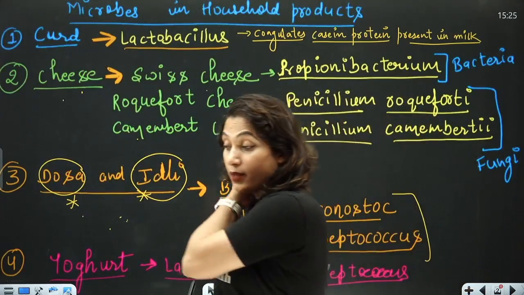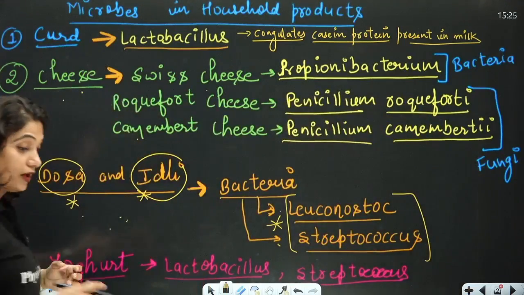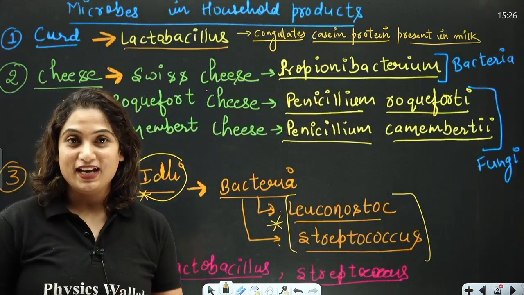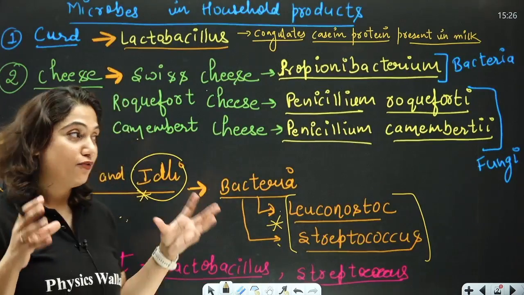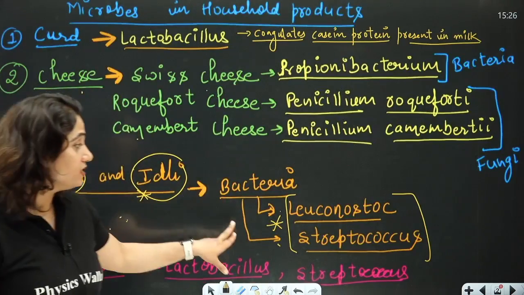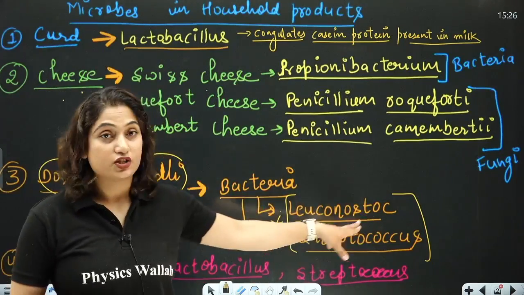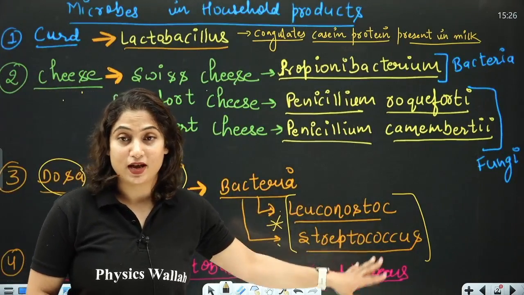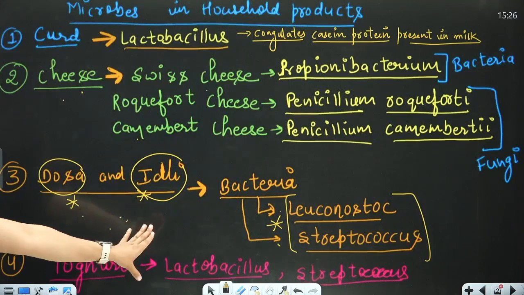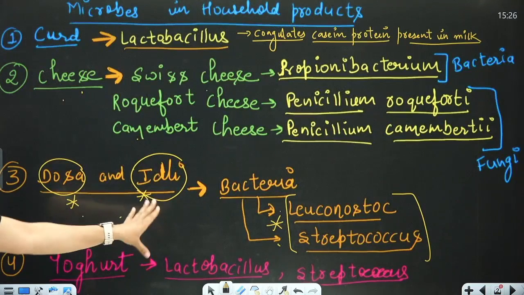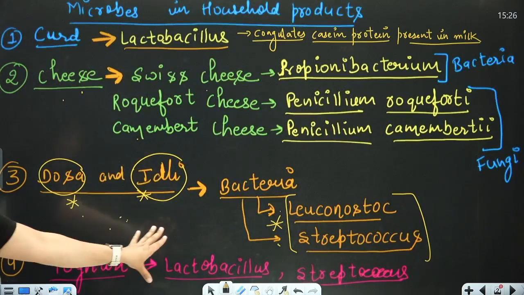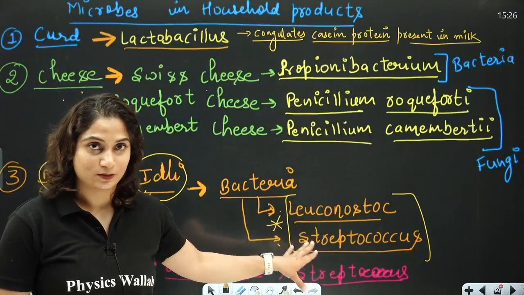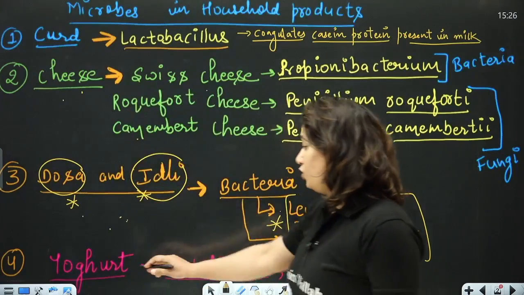But actually, when you ferment the batter for dosa and idli, the fermentation is done by the bacteria Leuconostoc and Streptococcus. So this is important because it is given in NCERT, right? So remember, beta, dosa and idli is formed with the help of bacteria, and the bacteria are Leuconostoc and Streptococcus.